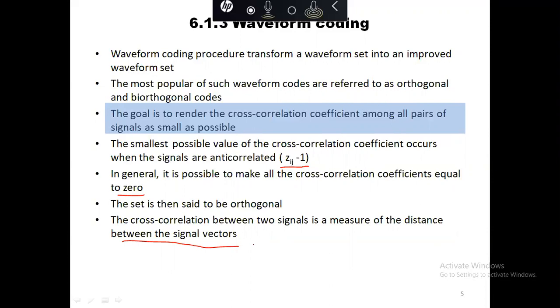You take the cross correlation of one symbol, and then you take the cross correlation of the same symbol with another one. So this will give you the distance properties in terms of cross correlation coefficients.